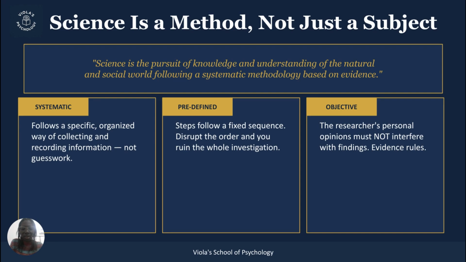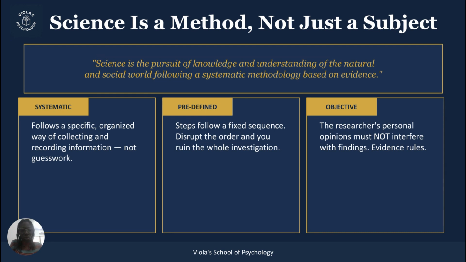This means the researcher's personal feelings, opinions, and biases must not be allowed to interfere with what the data is showing, okay? Evidence rules in science. Always, not personal preference, all right? So that is what makes psychology a science, not the topic. The method psychology uses makes it a science.